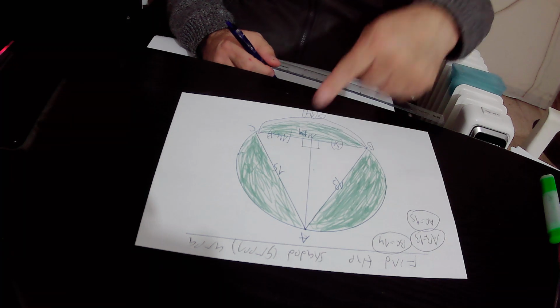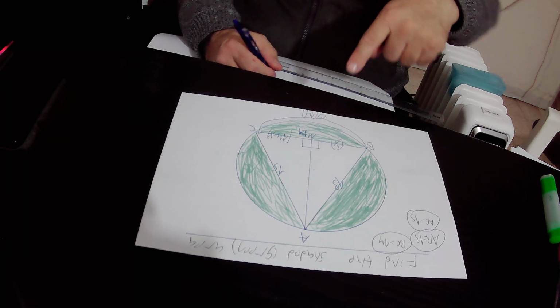We define side AM on this triangle AMB as H.